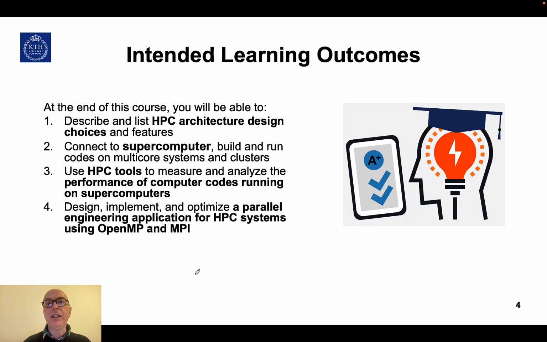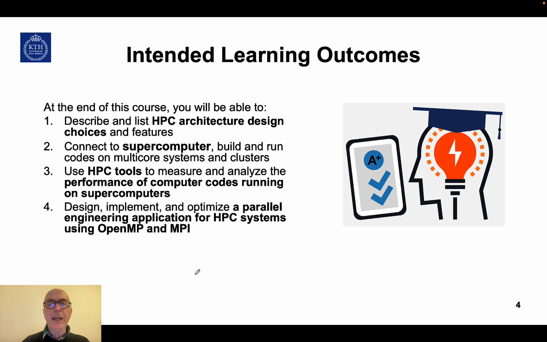What are the intended learning outcomes of this course? At the end of this course, you will be able to describe and list the HPC architecture design choices and what the features of a supercomputing system are. You will also be able to connect to a supercomputer, build and run codes on multi-core systems and clusters.